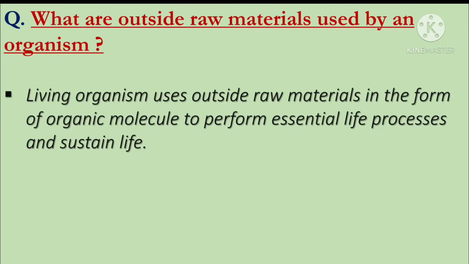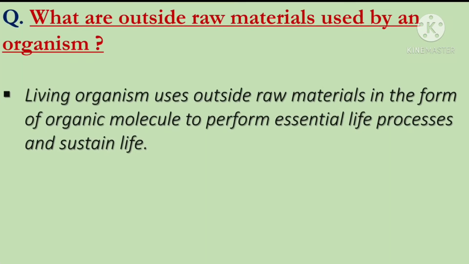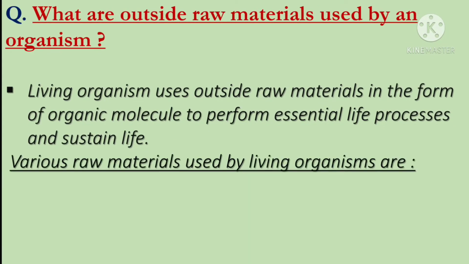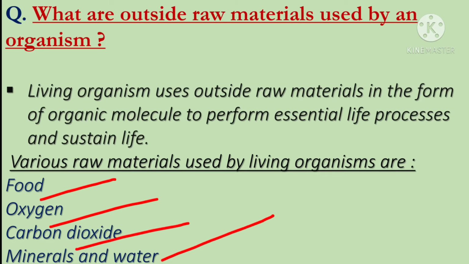So here is the answer. Living organisms use outside raw materials in the form of organic molecules and sometimes inorganic molecules to perform essential life processes and sustain life. So various raw materials used by living organisms are food, oxygen, carbon dioxide, minerals, and water.